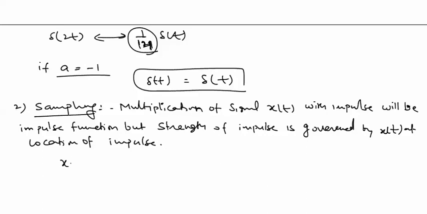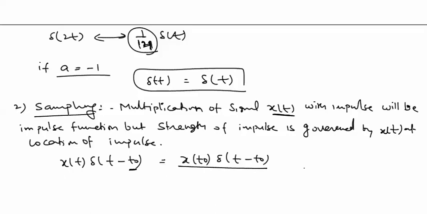It means xt multiplied with the impulse at location t naught, the result will be x of t naught times the impulse at that location. Multiplication of signal xt with an impulse is another impulse function.